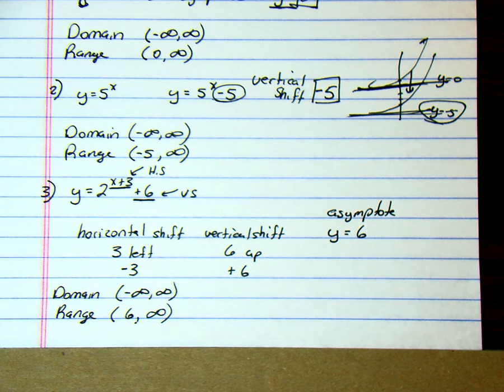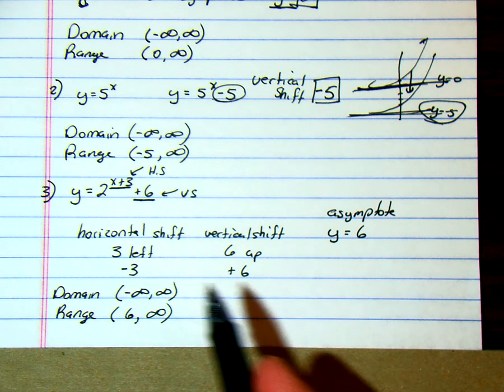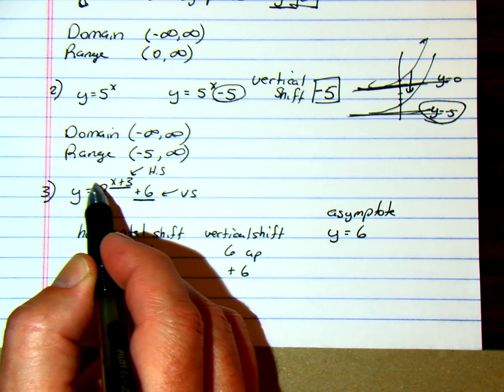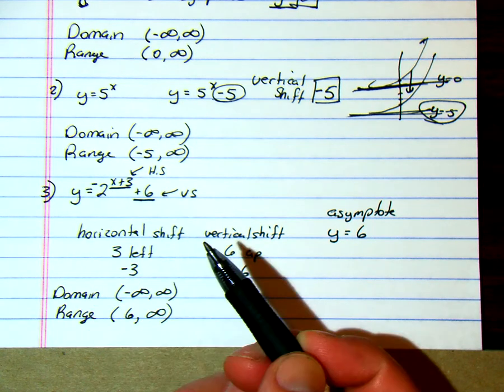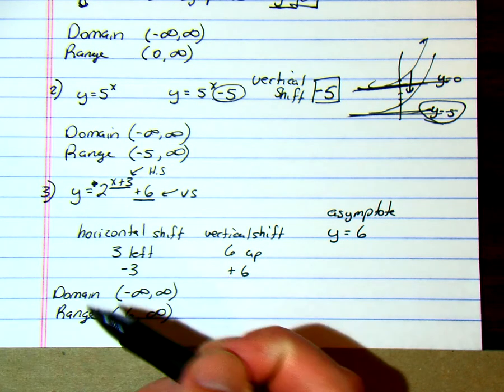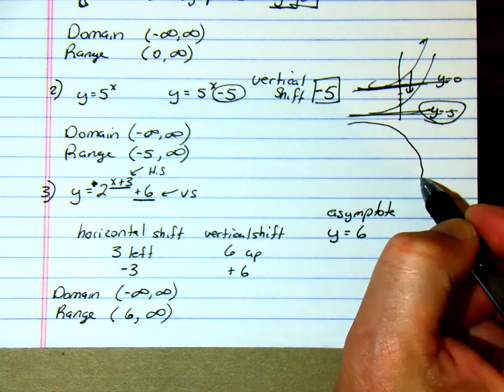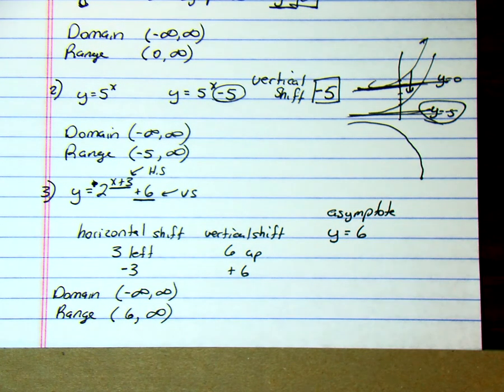Now, sometimes we have to pay attention to whether we threw a negative sign in front of this. If there was a negative sign in front of it, that's going to cause things to flip over, so my exponential function would actually look like this instead. But there wasn't one.